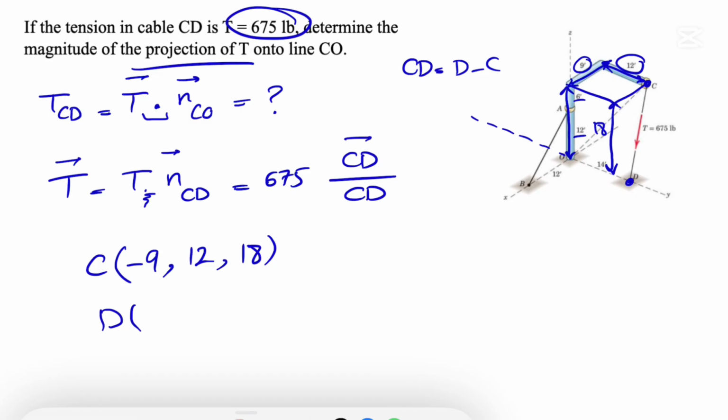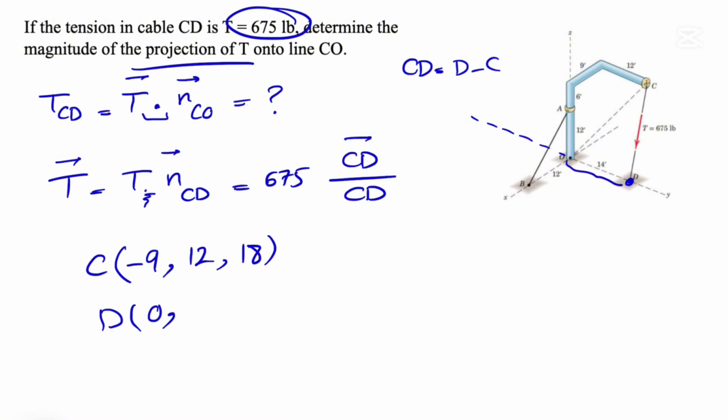So let's move on to the point D. Point D is on the y-axis, which means there is no x. Finding the y component is pretty easy. We have to move from here to here, which is 14, and since we are on the y-axis, there is no z.